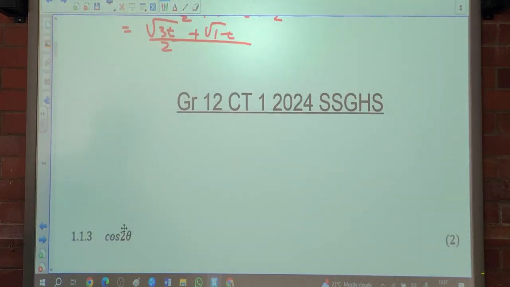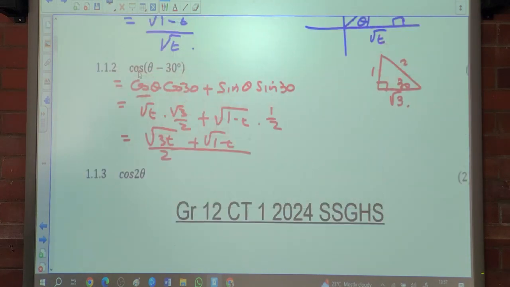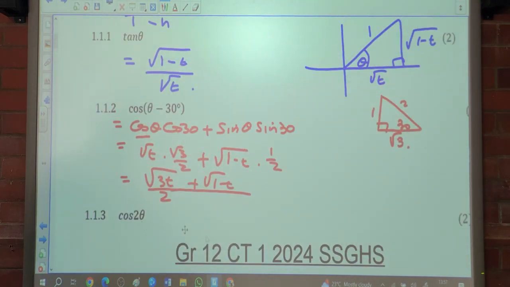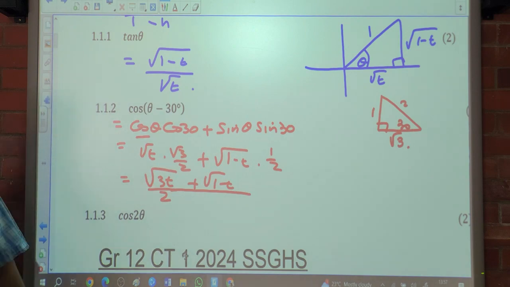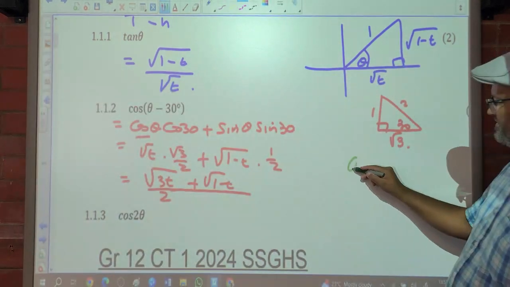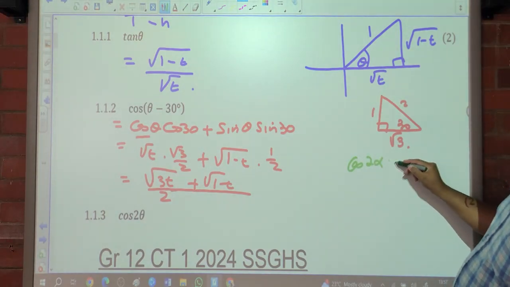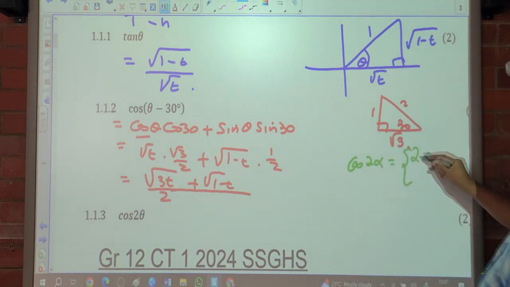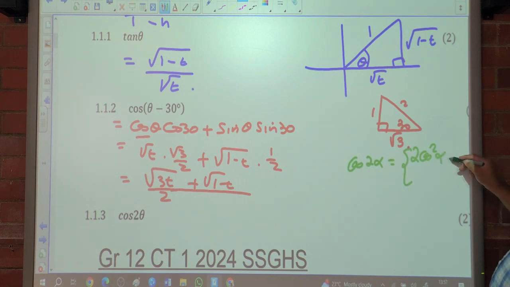So, cos of 2 theta. For cos of 2 theta, it can be 1 of 3. Not so. So cos 2 alpha can be written as 2 cos squared alpha minus 1, 1 minus 2 sine squared alpha, and cos squared alpha minus sine squared alpha. I could have used any one of them.